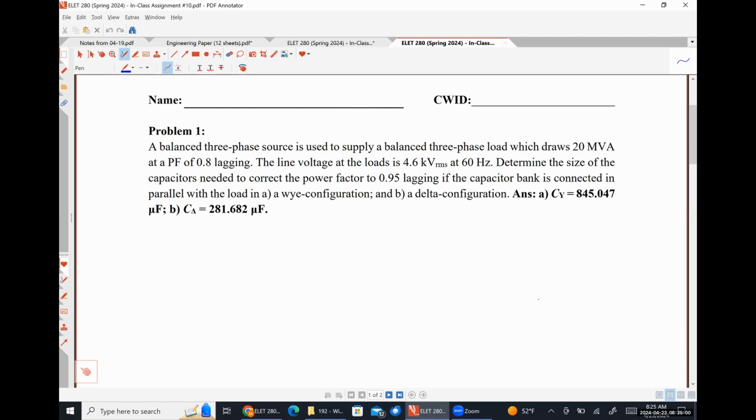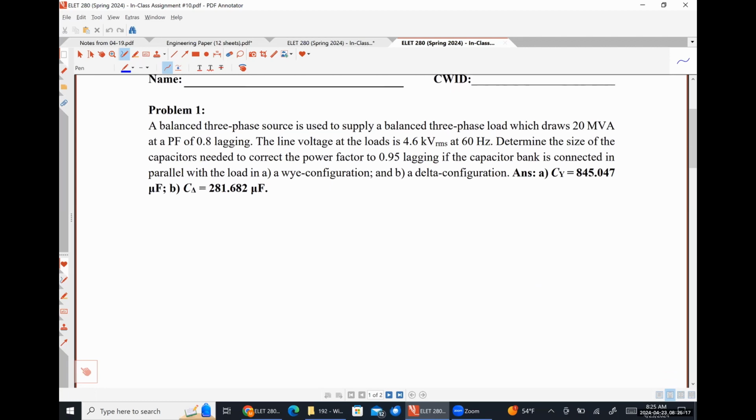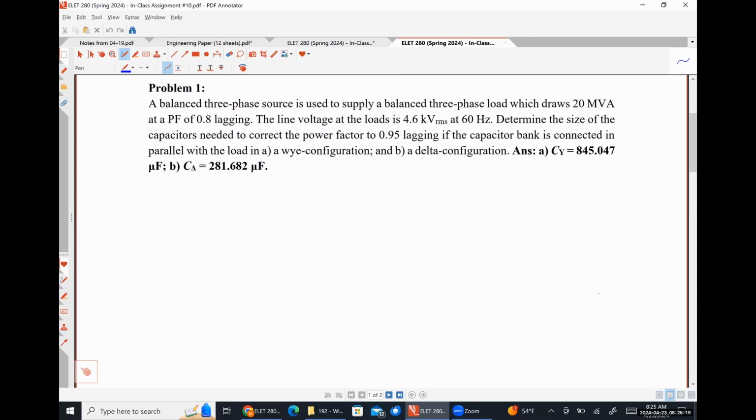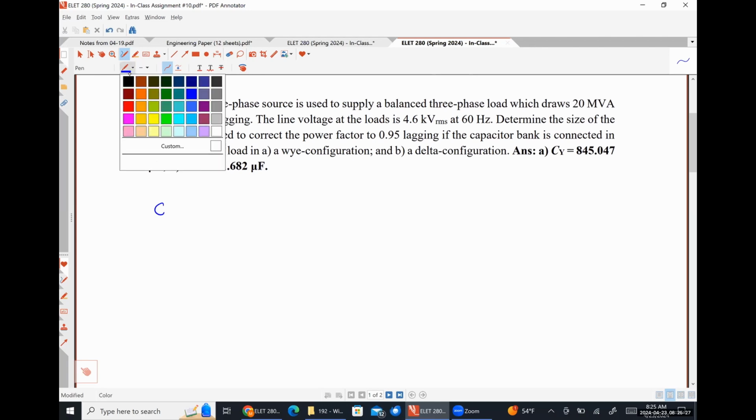And I ask you to determine the size of the capacitors needed to correct the power factor to 0.95 lagging if the capacitor bank is connected in a Y configuration and then a delta configuration. All right, so I'm going to write down our equation for C here.